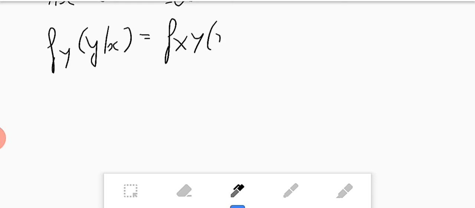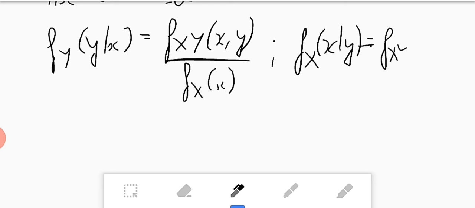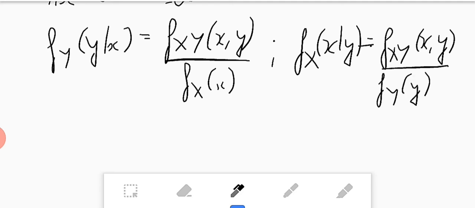Let me write down both equations again: fy of y given x equals fxy divided by fx of x, and similarly for x, divided by fy of y.